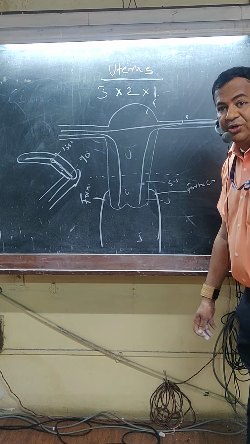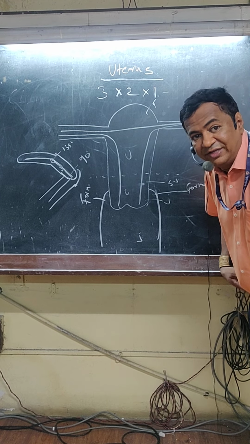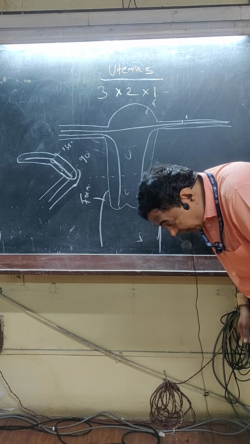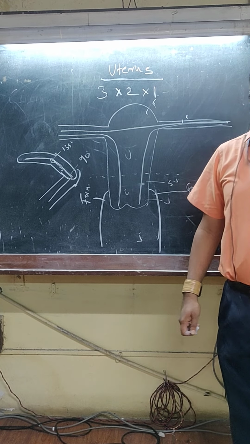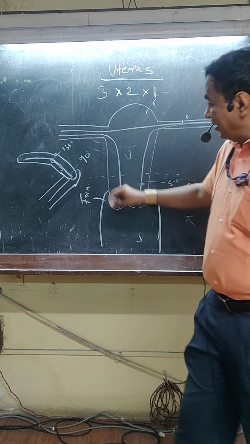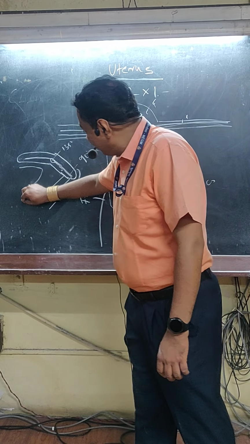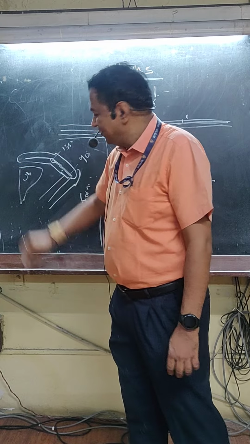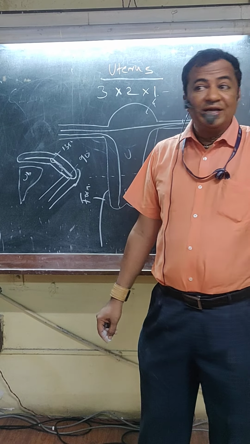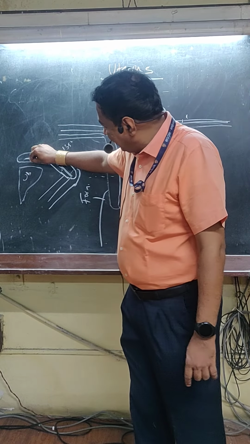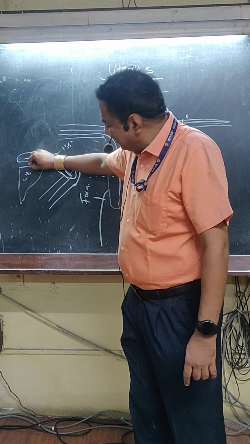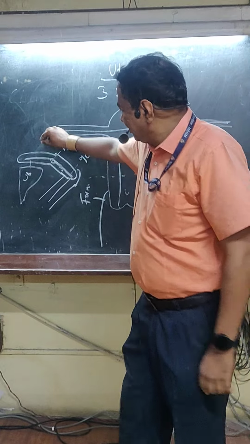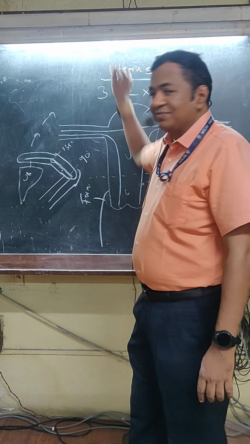If you see from the side, this portion is the vagina, this is the cervix, and then the uterus is further like this, in such a way that here is the urinary bladder. During pregnancy, initially the uterus may slightly dip down, then it goes like this.